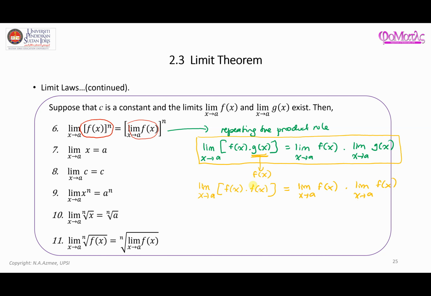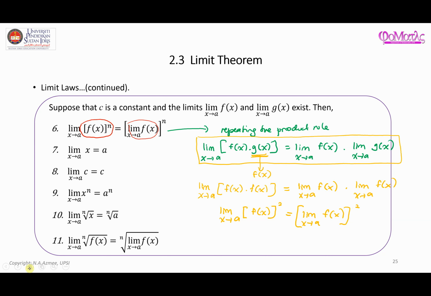And I hope you can see that for this part here, we can simplify by writing down f(x) and you square it. f(x) times f(x) is the same thing as squaring this function here. So f(x) squared is equal to, now you have the same item here multiplied with itself. So this is just limit x approaches a f(x) and you square it, right?